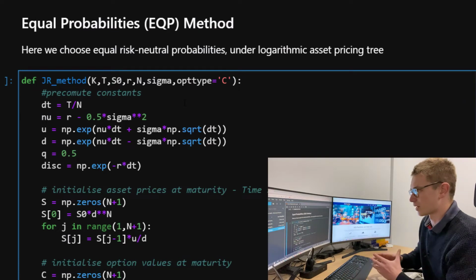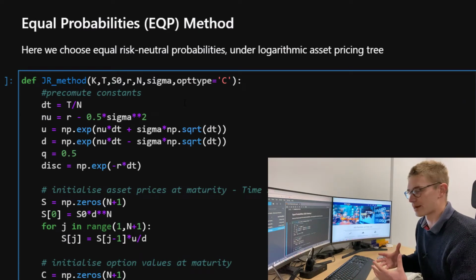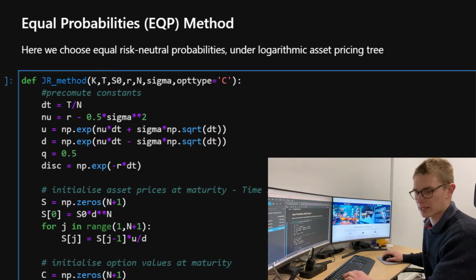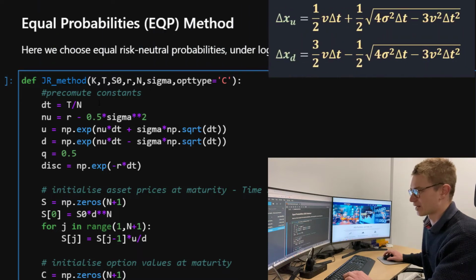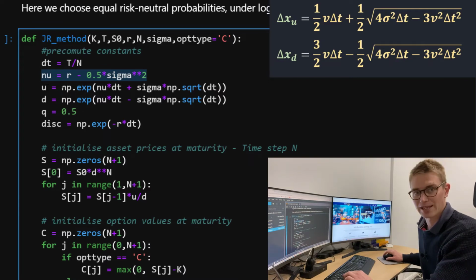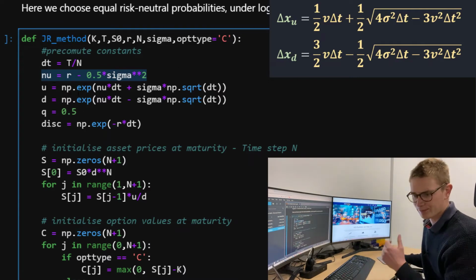Now here, if you remember, we're actually using the natural logarithm tree to price. So here we're going to equate those risk-neutral probabilities. It's a little bit different in terms of how we calculate these parameters. So nu is going to stay the same. That's that funny looking v on the formula on the screen.